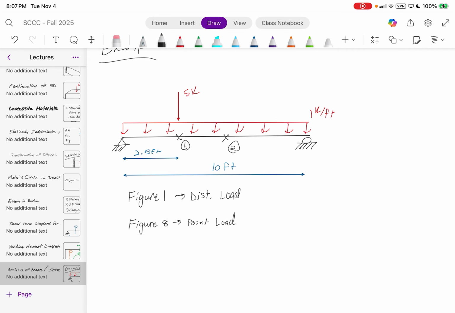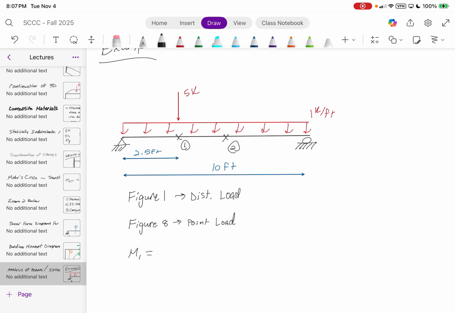So let's look at point 1. Let's call it M1. How would we calculate M1? For figure 1, how would we do it? Simply put, we would want to calculate using that value Mx that you see on the figure right there. That's just the bending moment at a particular point.